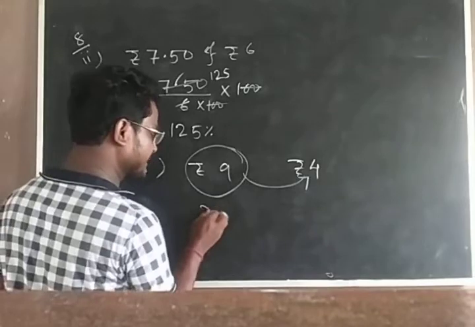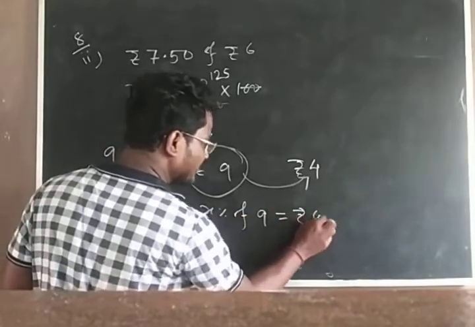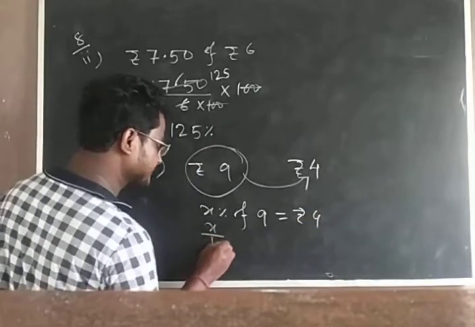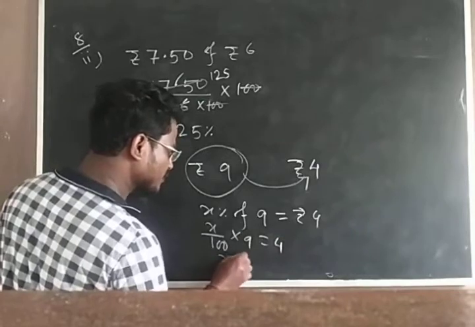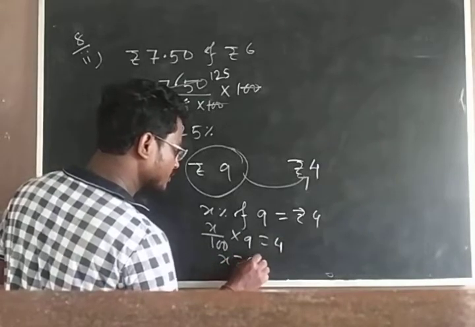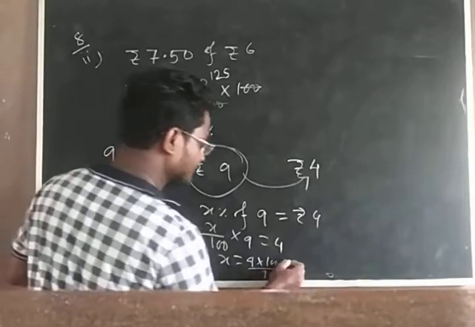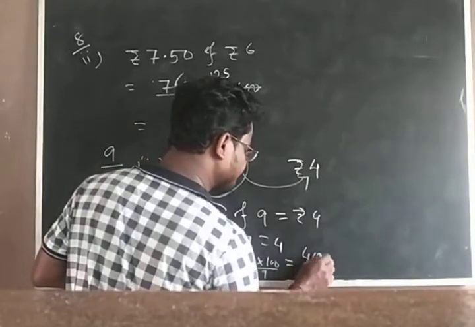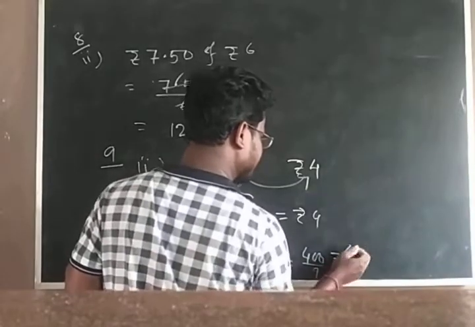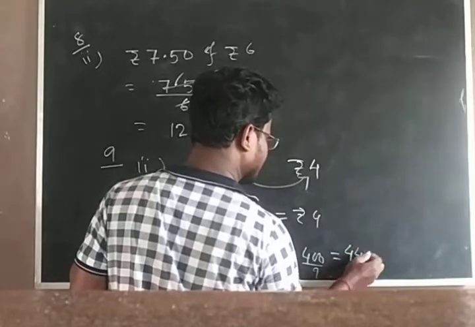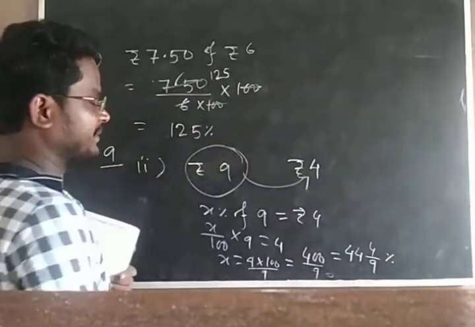If you take x percent of 9 equals rupees 4, then x by 100 into 9 equals 4. x equals 4 into 100 by 9, that is 400 by 9. So 9 fours are 36, 44, that is 44 4 by 9%.